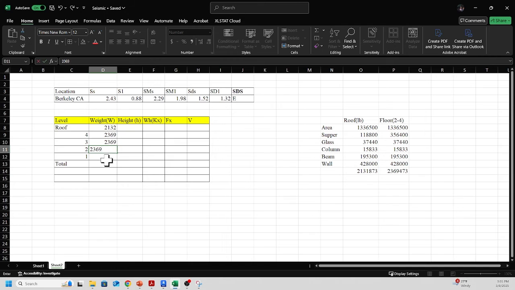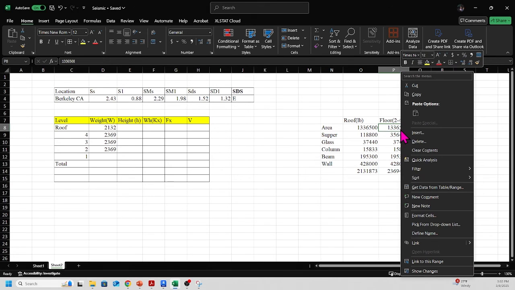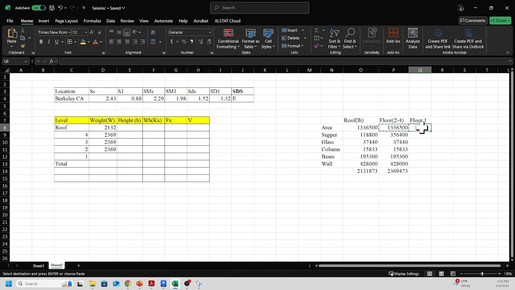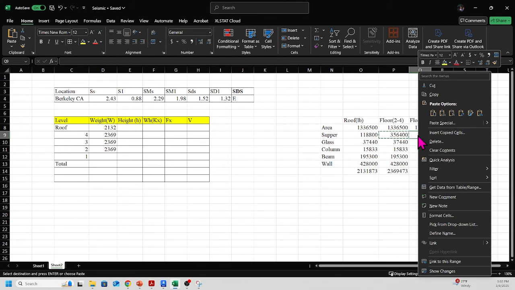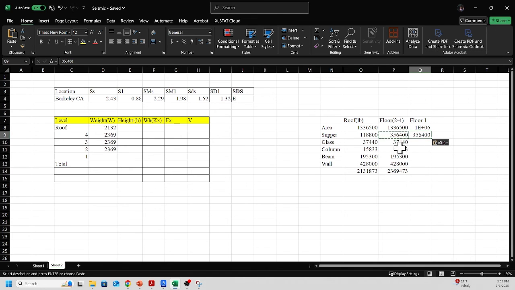2369. Now the first floor is going to be a little bit different because the height of this floor is 12 feet. So this is going to say floor 1. It's going to be the same here. Glass is not going to be the same.